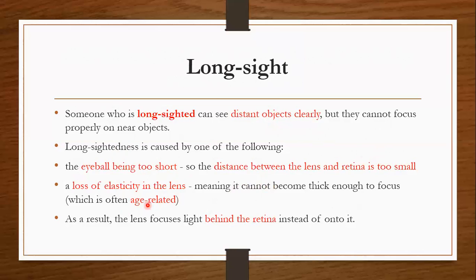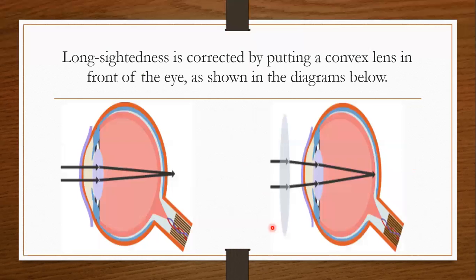In older people, they may lose the elasticity in the lens, and the lens cannot become thick enough to focus. So as a result, the lens focuses light behind the retina instead of onto it. You can see the light rays focus behind the retina. This can be corrected by placing a convex lens, and while placing a convex lens, the image is sharply focused onto the retina.